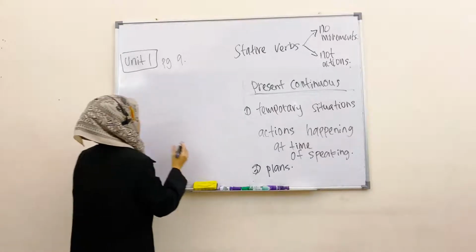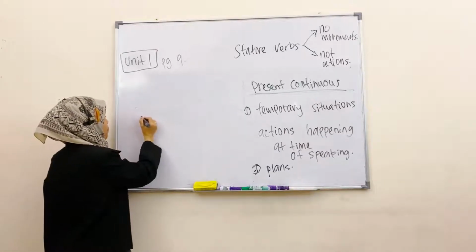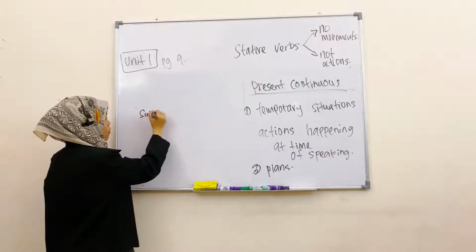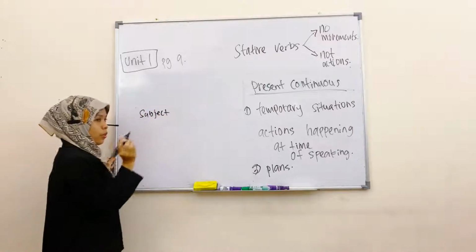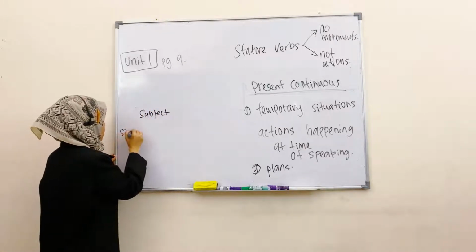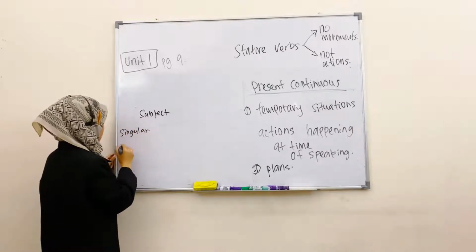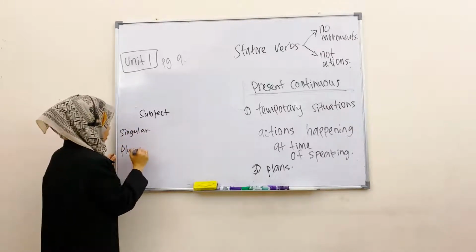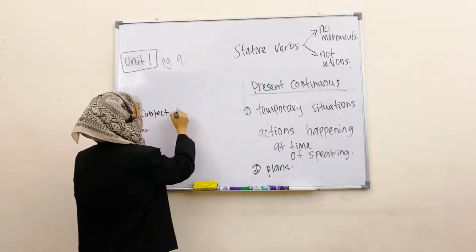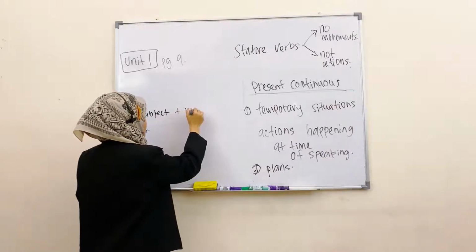For present continuous, the formation should be subject. I put subject here. As you know, we have singular and also plural. Then plus verb to be.